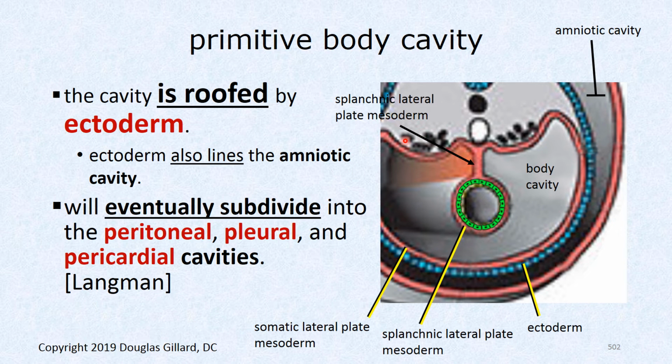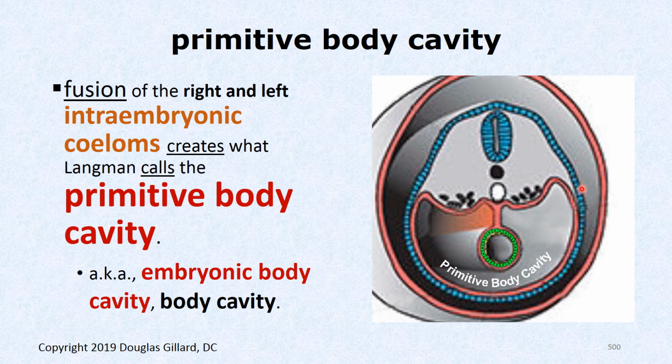Okay, so I've heard an author saying this: the body cavity is roofed by what? What does that mean, the cavity is roofed by? Well, there's roofed and lined, if you hear that. It's lined by lateral plate mesoderm. So the roof would be the outer layer of it. And that is our ectoderm, right? See, here was our ectoderm.